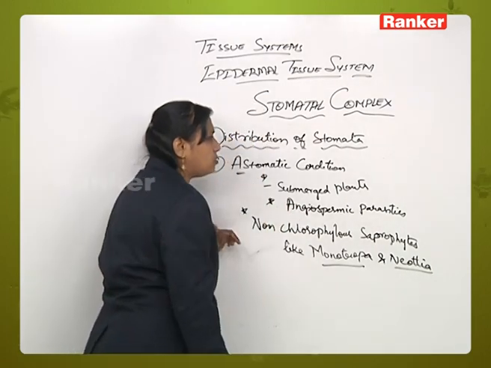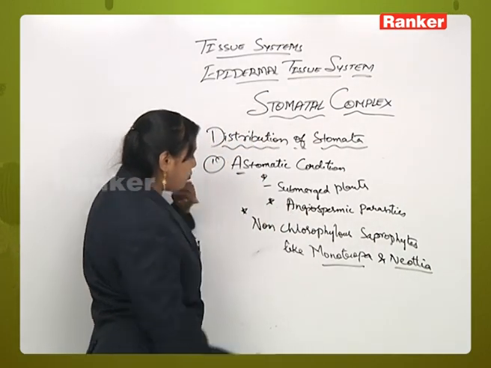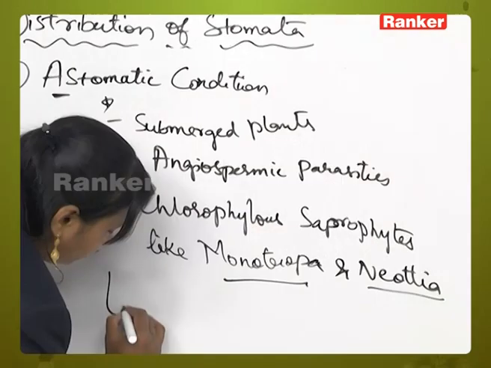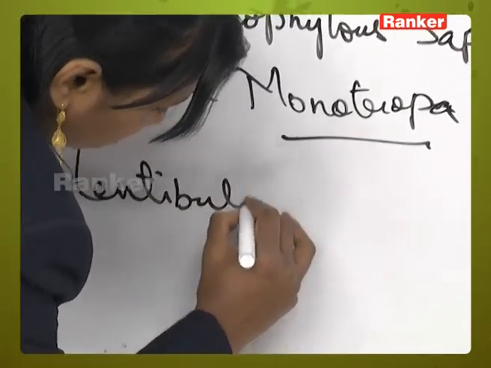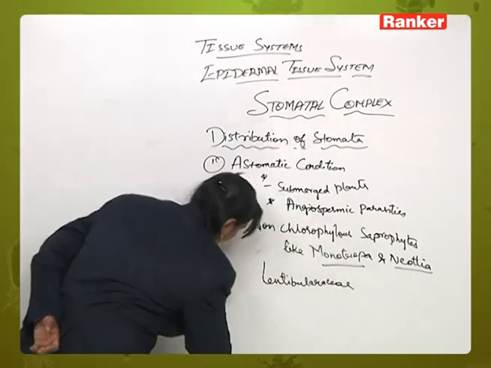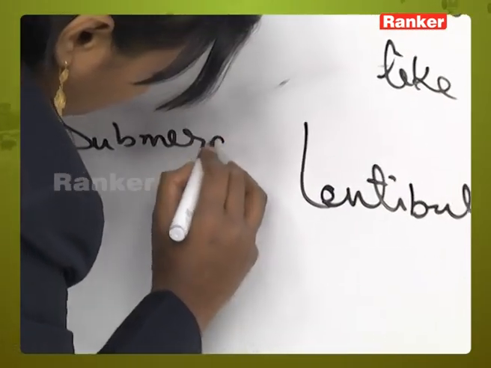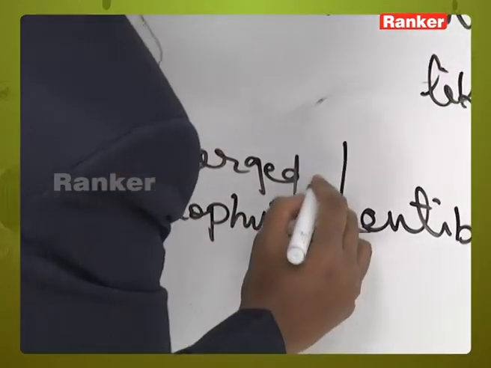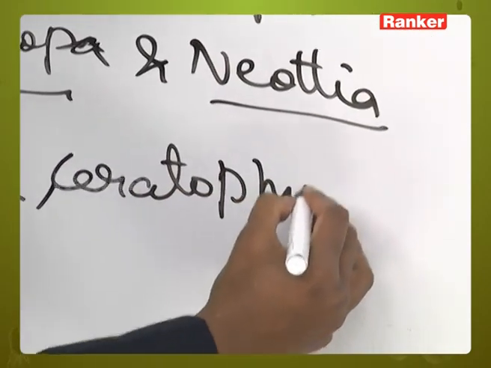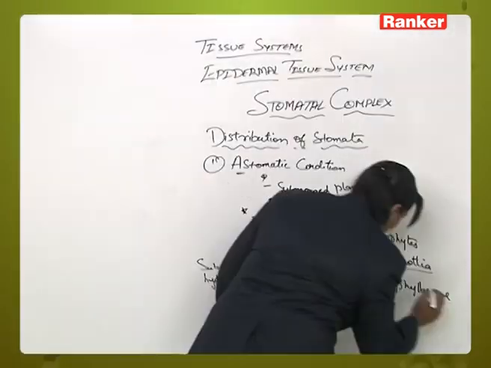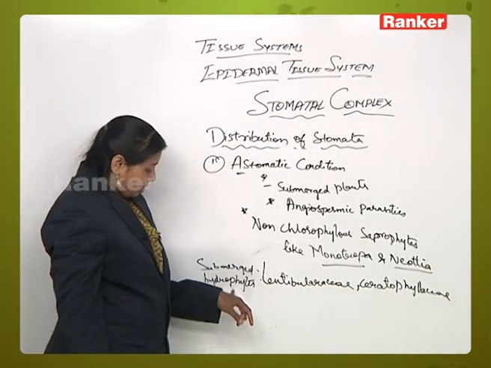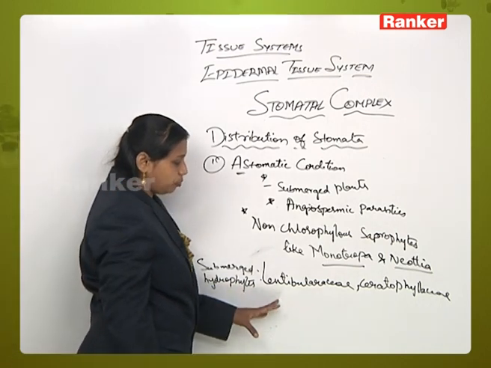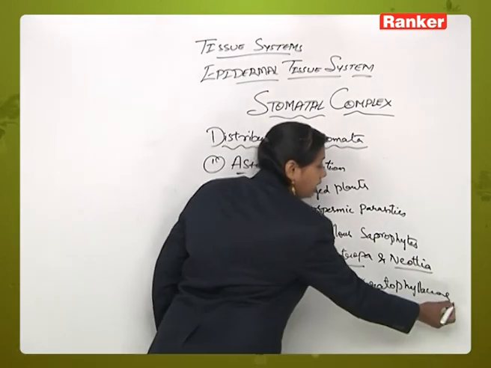In the same way, in the leaves of submerged hydrophytic plants which belong to families like Lentibulariaceae and Ceratophyllaceae also, you will see the absence of stomata.